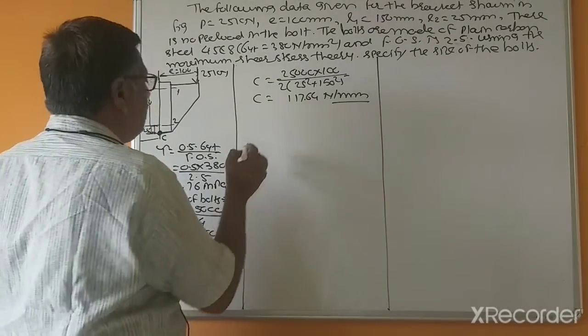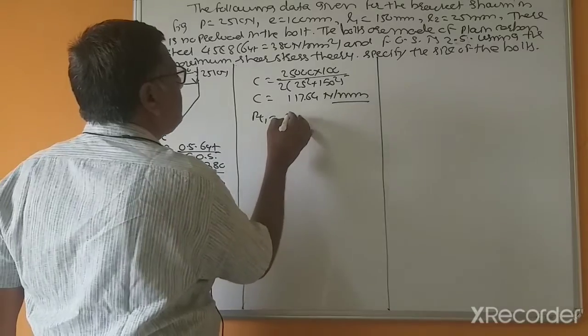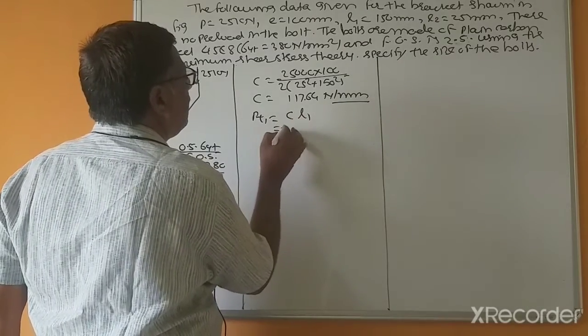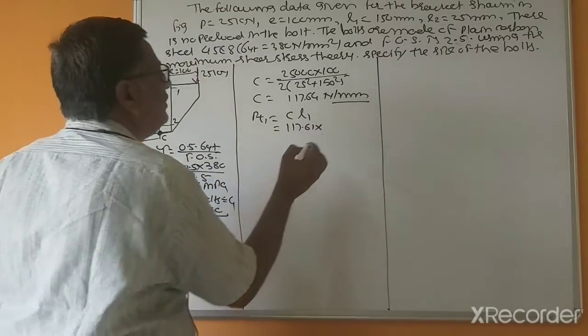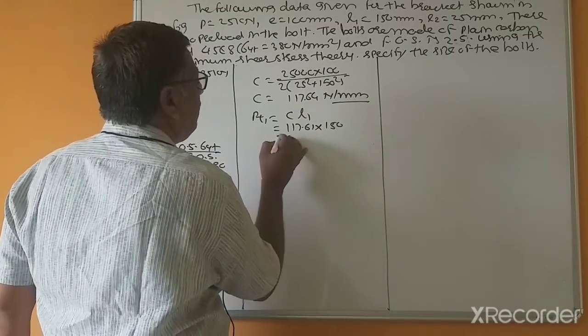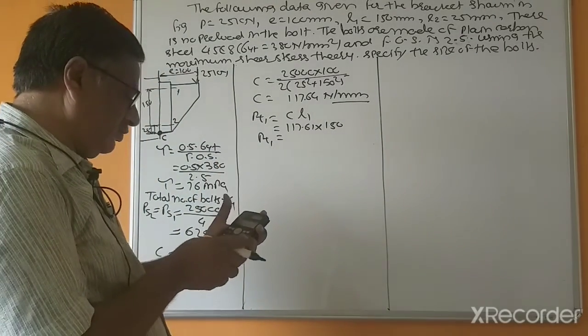And now PT1 equal to C into L1. So that's why L1 equal to, this is 150. Load on the first bolt is more.